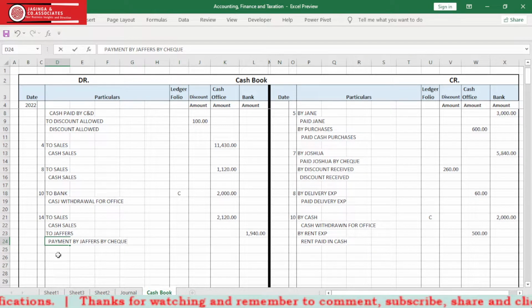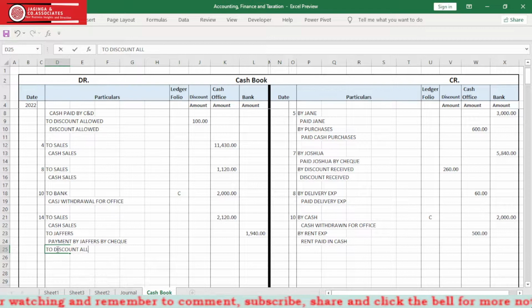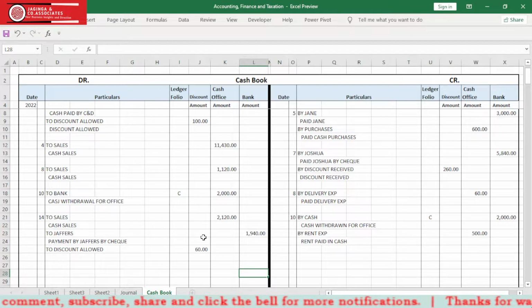Then down here again we have to discount allowed. So discount allowed here was 60. Okay, discount allowed 60.